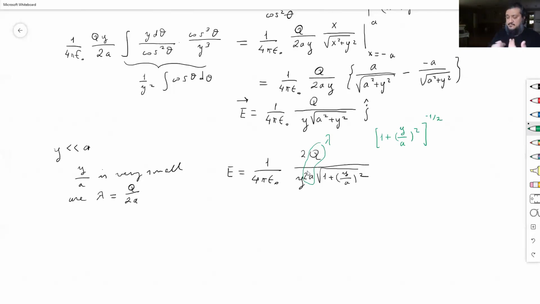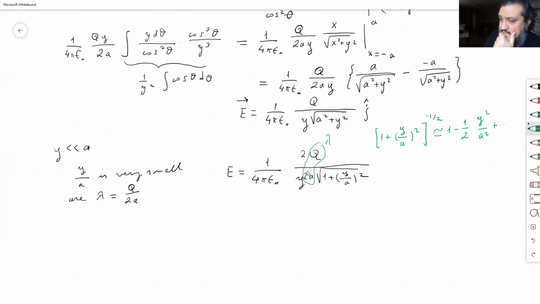If you expand this around that small number, the first couple of terms would be 1 minus 1/2 y squared over a squared. But if y over a is small, y squared is even smaller, and it's pretty much 1. So this doesn't bring me anything new here.